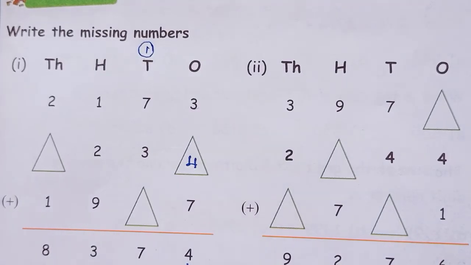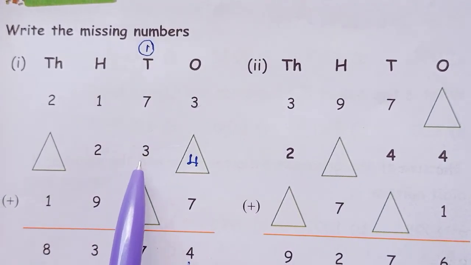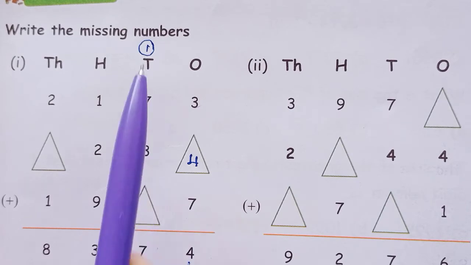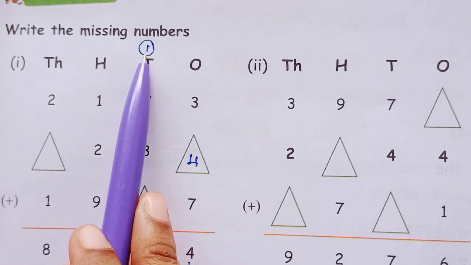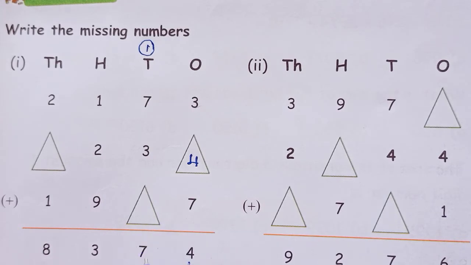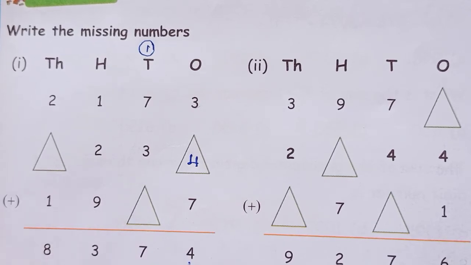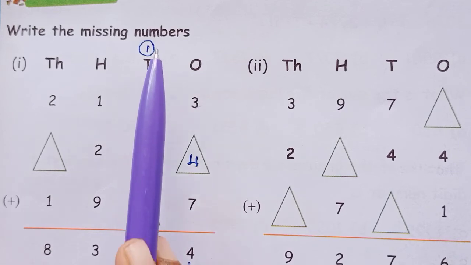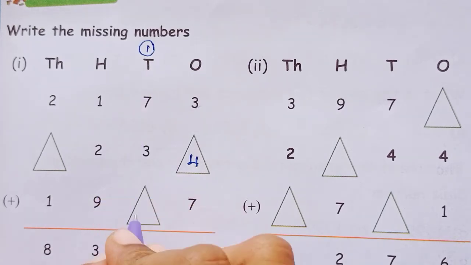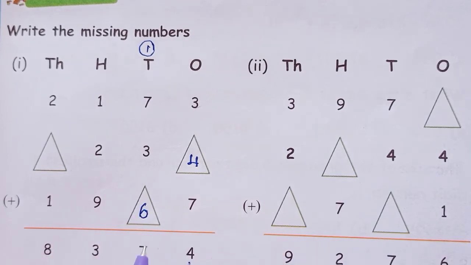Now you add this one. 7 plus 3, 10. 10 plus 1, 11. 11 plus 6, 17. 17 is a two-digit number. 7 you write here.